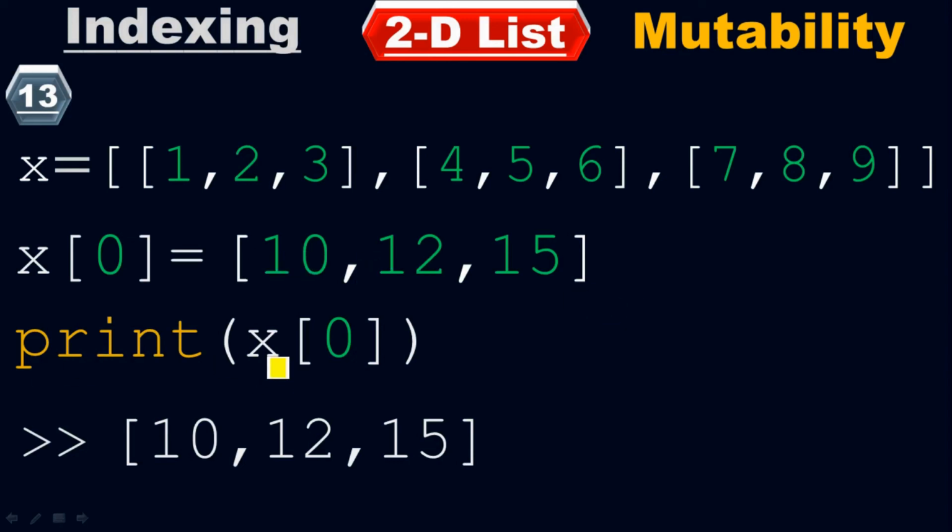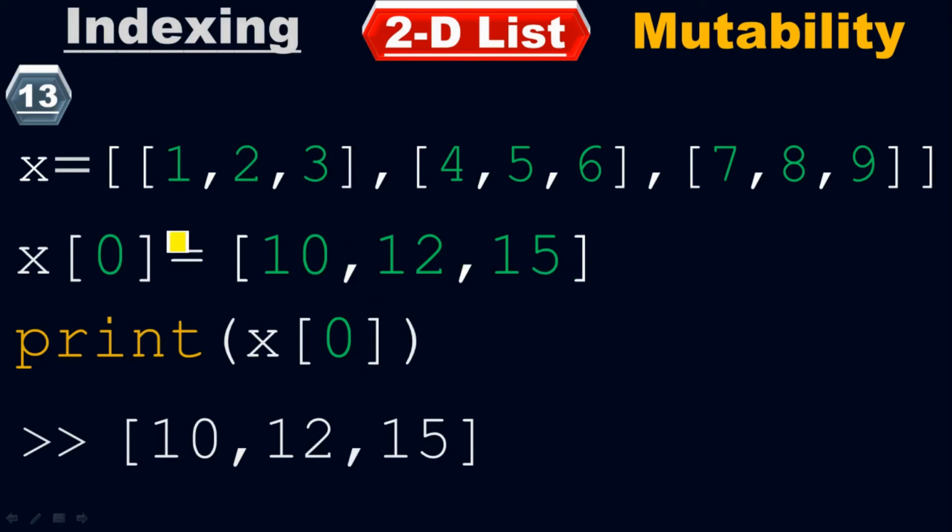Therefore, when you take the print of x of 0 index, you will get this new list with the 10, 12, 15 sub-items. This new list will be printed in the output. There is no more this list. It has been replaced. It has been changed by the new list, which is 10, 12, 15.